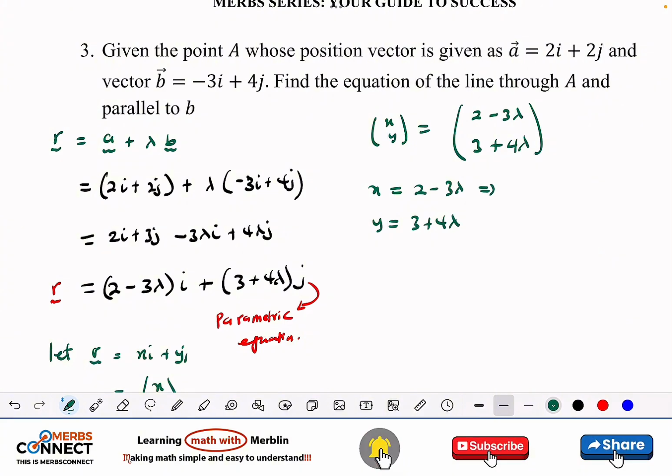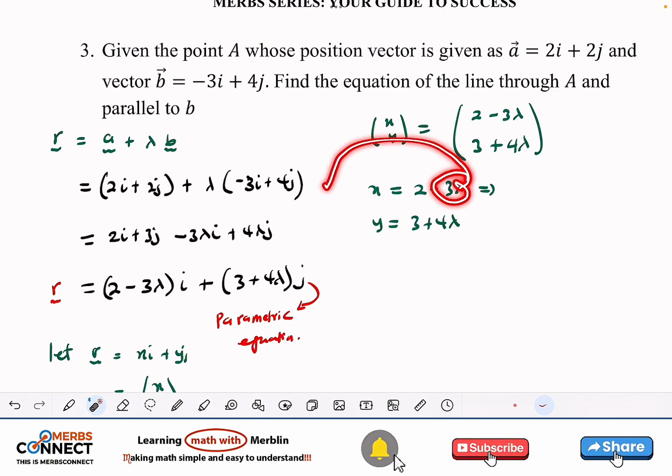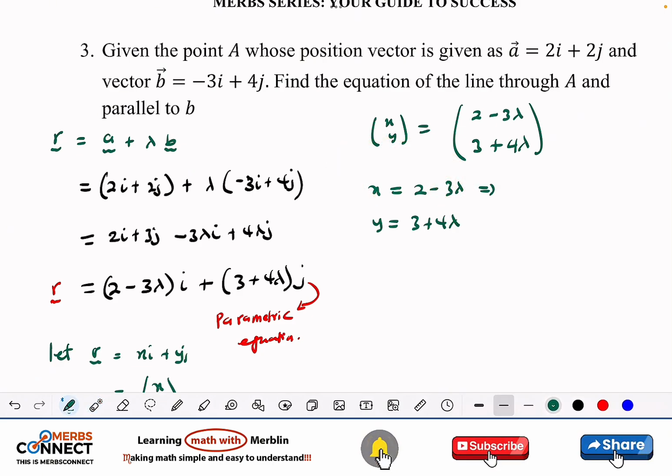Now this implies that, let's look at what is going to happen here. The movement is very important. I'll just move the 2. Don't think that because this one is minus, you are moving this guy to this side and moving this one to this side, doing something like 3 lambda is equal to 2 minus x and saying that lambda is equal to 2 minus x over. No. Hold it the way it is.